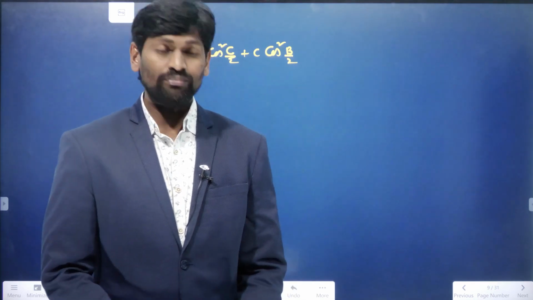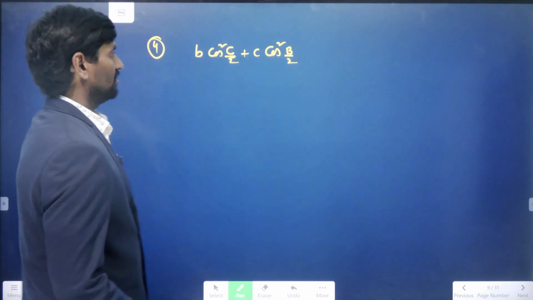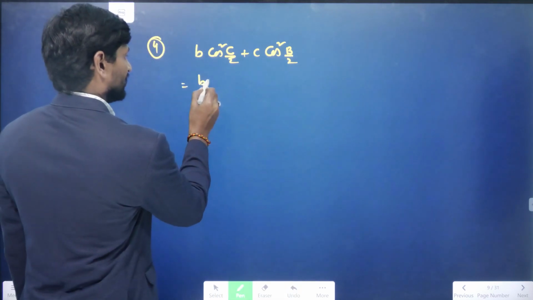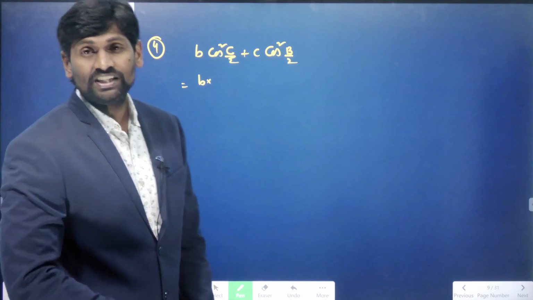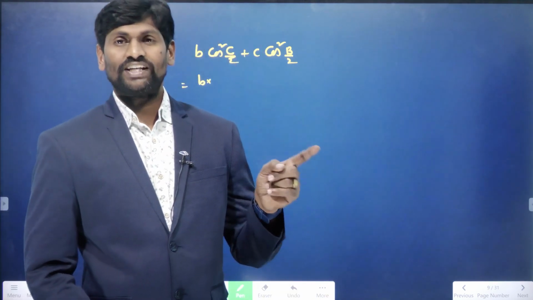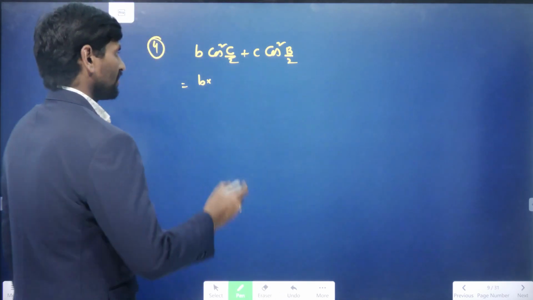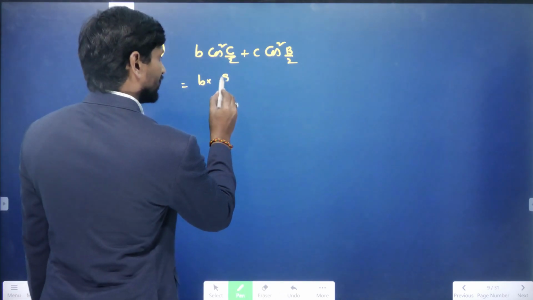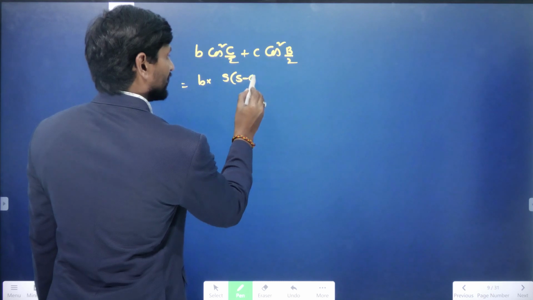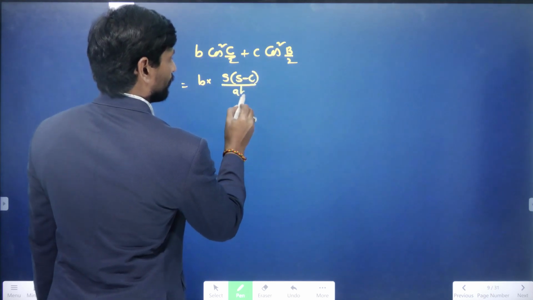Now I am writing the cos C by 2 half angle formula: root over S into S minus C by AB.